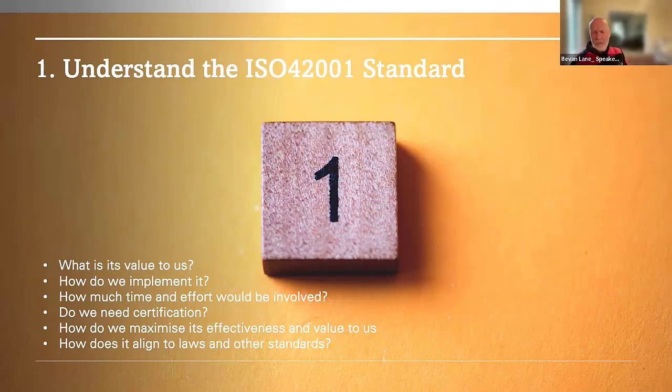We don't just want to tick a box. We actually want to make it work and improve things, because we don't want to get certified, but then make a big mistake and someone sues us, or we lose information because we didn't do it correctly. So it's a combination of using it effectively and getting value, and can we align it to other things? Don't do it by itself.